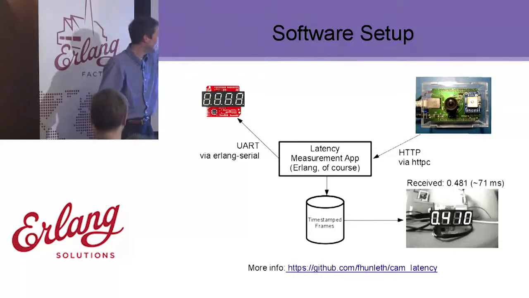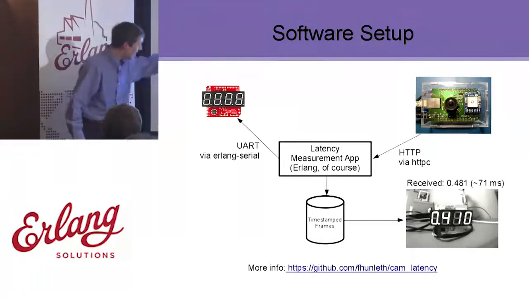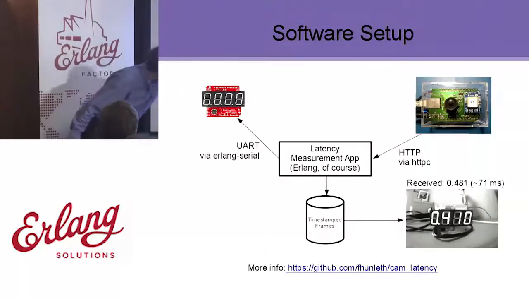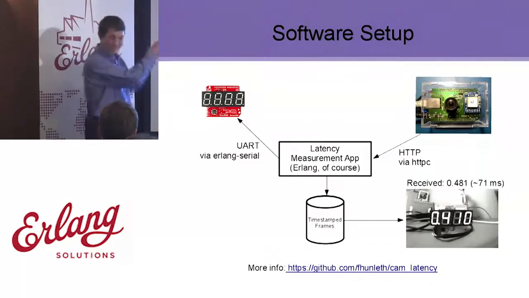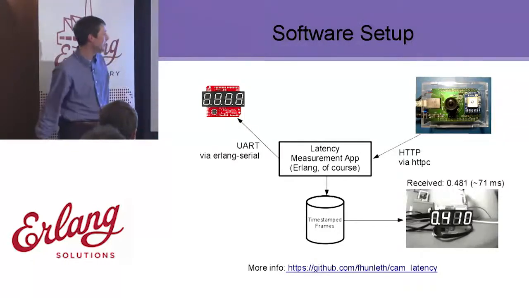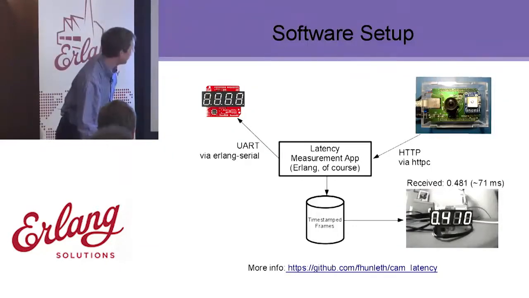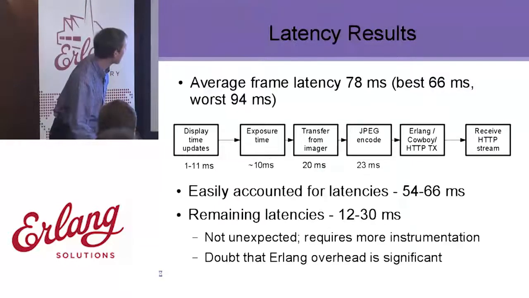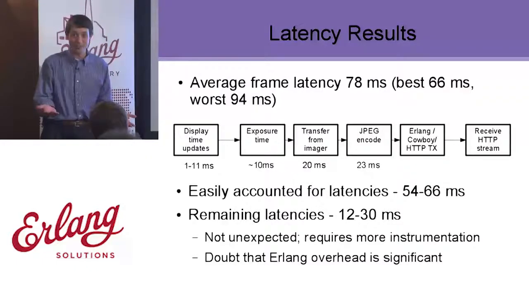So it's connected up, and there's a little app, and then of course it connects to the camera over HTTP and saves these timestamp files, and you get a picture that looks like that. So you can see it says 410 on it. The timestamp. Sadly, you can't see the timestamp because it's in the file name, so I just wrote it up there. 481. So you just subtract, and that one happened to be a 71 millisecond frame. All right. So 71 milliseconds, is that good, bad?